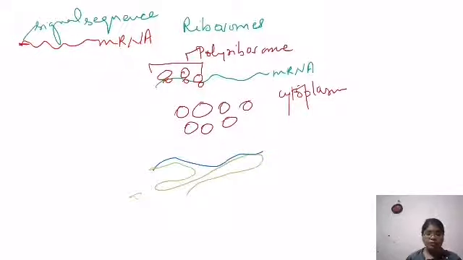The ribosomes bring it and attach it to the endoplasmic reticulum. Why, and how does it attach? This is the question, isn't it? This is something very common coming to the mind. Fine, your messenger RNA is being formed by the nucleus.